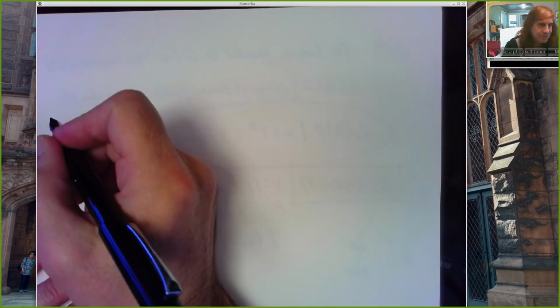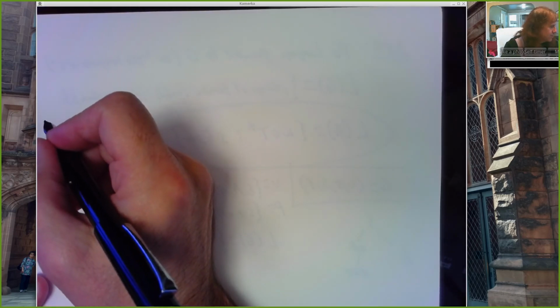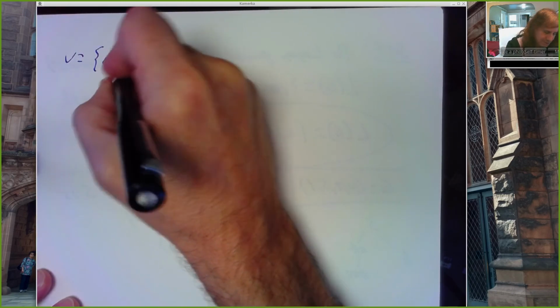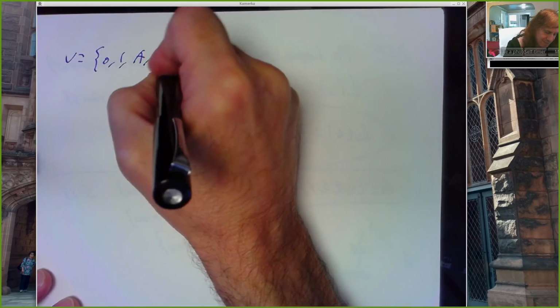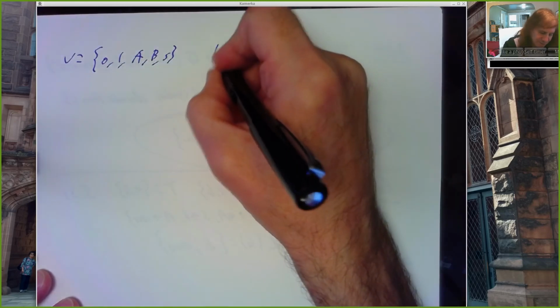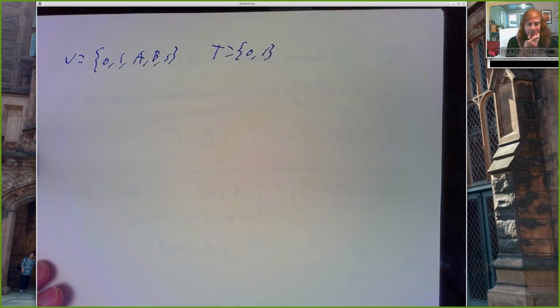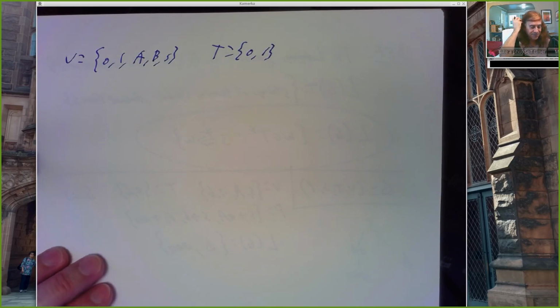All right, let's do another example. Let's make something a little more interesting. Let's set our vocabulary equal to 0, 1, big A, big B, and S. Our terminal symbols are going to be 0, 1. These are very common terminal symbols for us because we can write binary numbers out of this, and binary numbers are a great source of questions about languages.